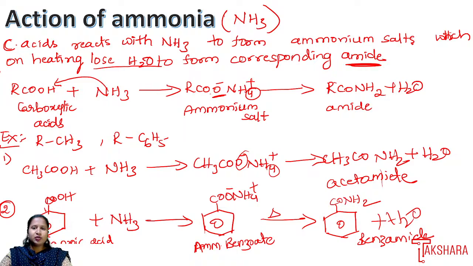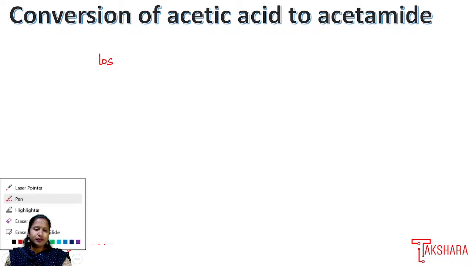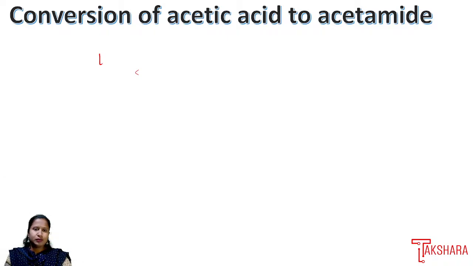So next reaction nodana, conversion of acetic acid to acetamide. So how is the acetic acid converting into acetamide means what?